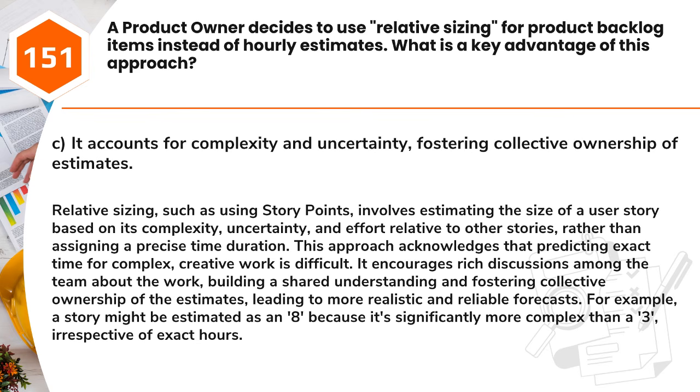This approach acknowledges that predicting exact time for complex, creative work is difficult. It encourages rich discussions among the team about the work, building a shared understanding and fostering collective ownership of the estimates, leading to more realistic and reliable forecasts. For example, a story might be estimated as an 8 because it's significantly more complex than a 3, irrespective of exact hours.